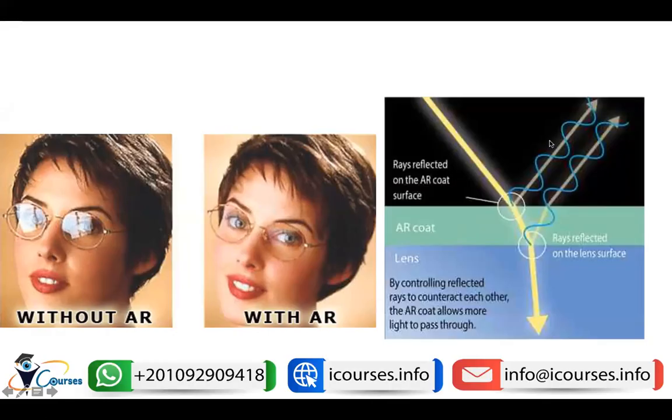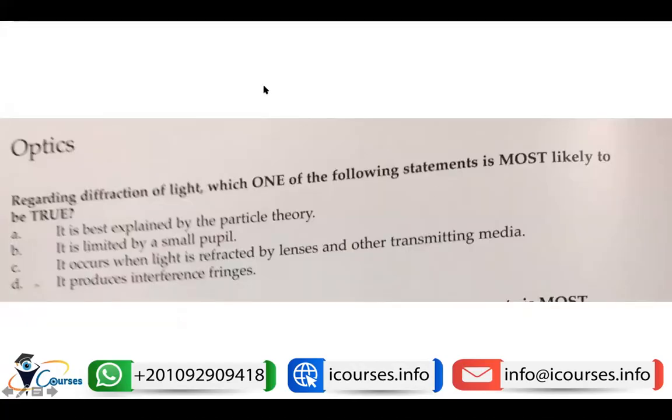So the incident light ray and the emergent light ray will cancel each other by destructive interference, as long as the difference in the cycle between both of them is half a cycle. Okay, so let's move to the next question.